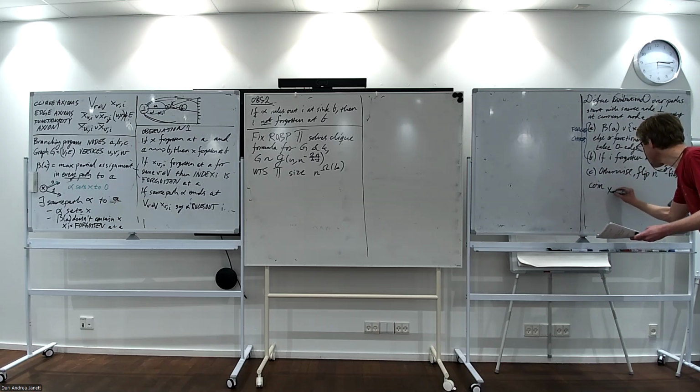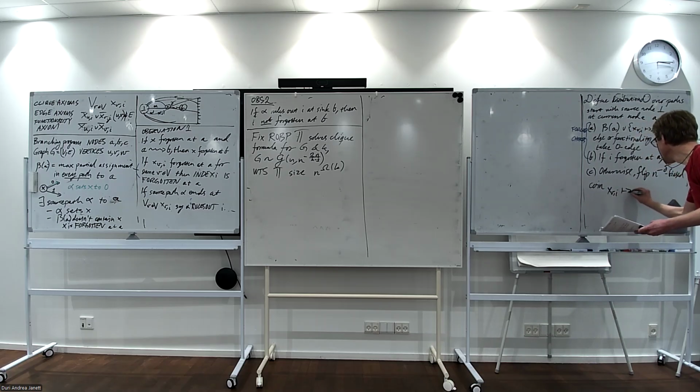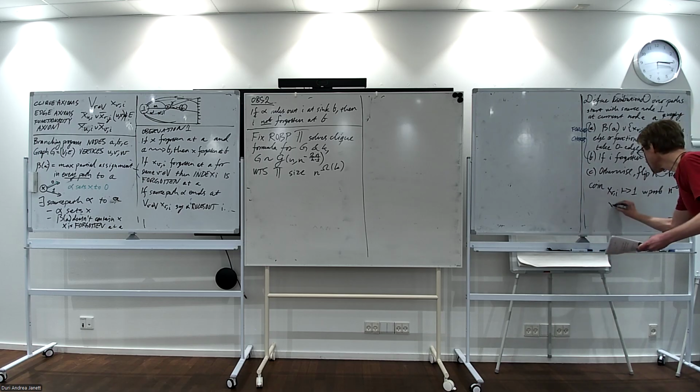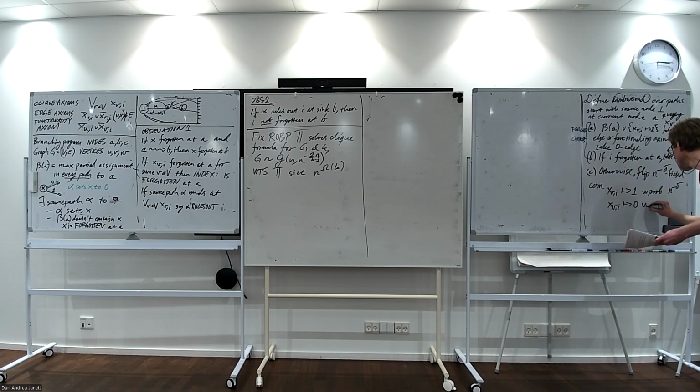I'm going to set XVI to 1 with probability n to the minus delta, and I'm going to set XVI to false with probability 1 minus n to the minus delta.